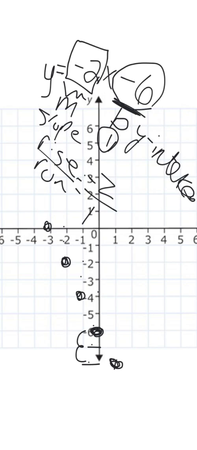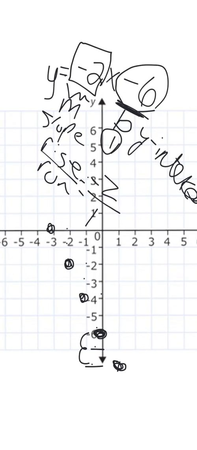And that line will be a continuous line, and we close it with arrows on the end of it, because it's going to continue in both directions. And that is how you graph an equation that is written in slope-intercept form.